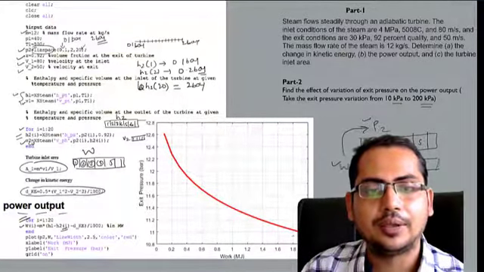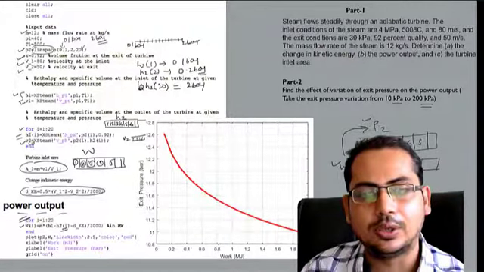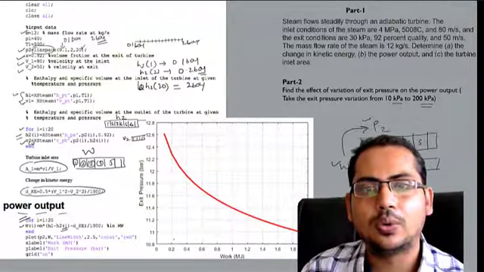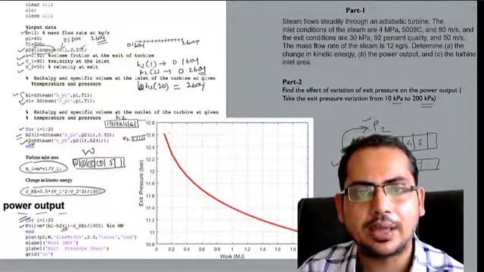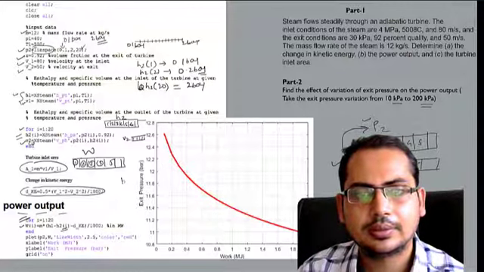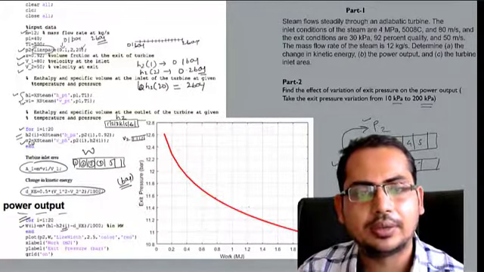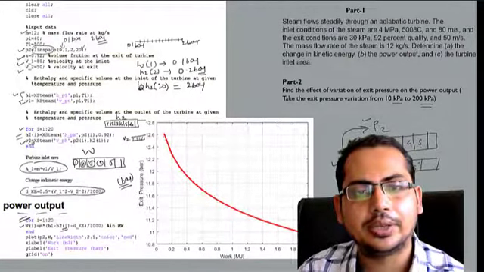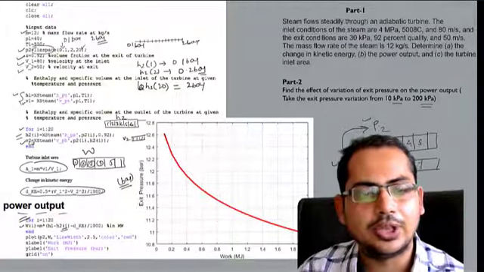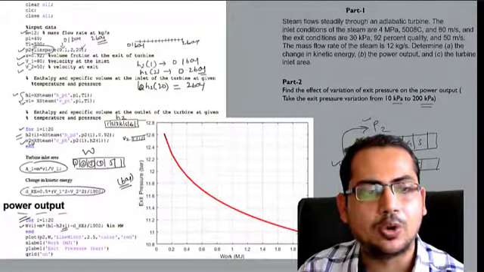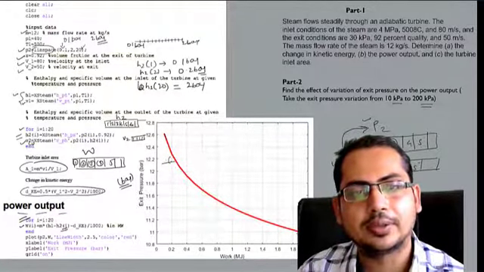When the exit pressure is low, this pressure is in bar, and as you increase the pressure, the work done decreases.